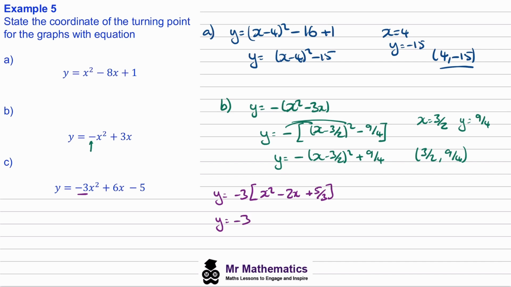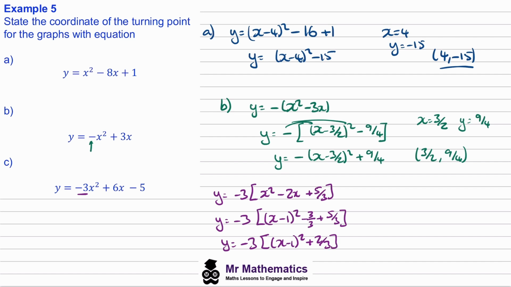So negative 3 x minus 1 squared minus 1 plus 5 over 3. It's easier to work with the common denominator for these terms. So I'll write that 1 as minus 3 over 3. So we'll get negative 3 x minus 1 squared plus 2/3.